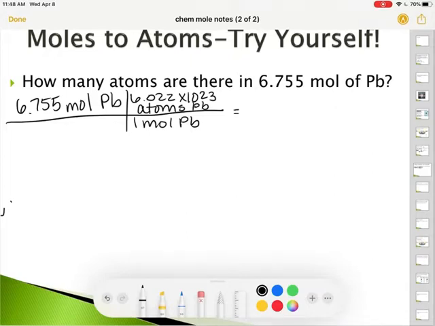Okay, so since this had 4 digits at the beginning, my answer should also have 4. What I get is 4.068 times 10 to the 24 atoms of lead, Pb.